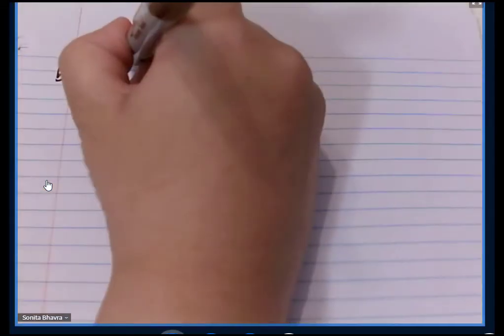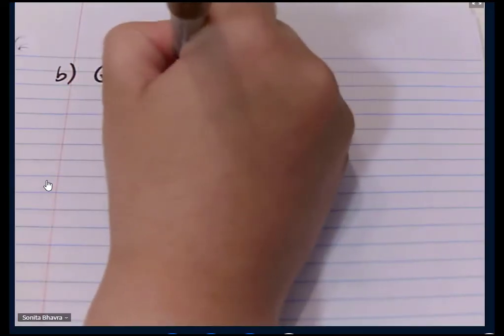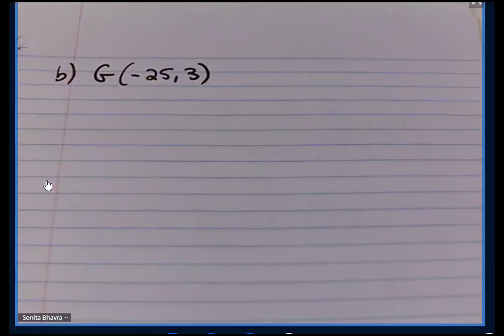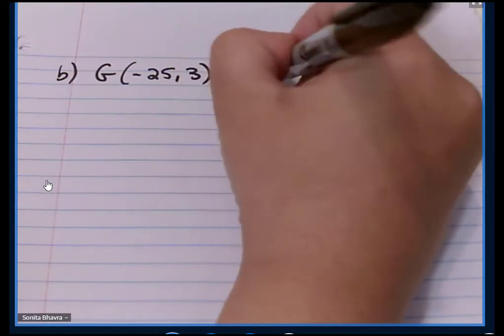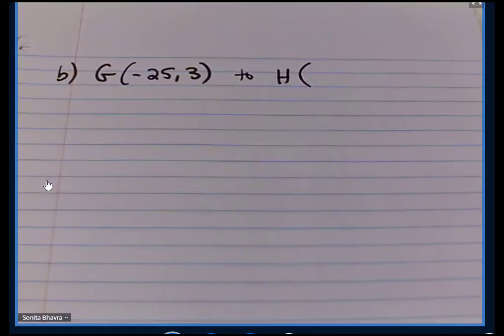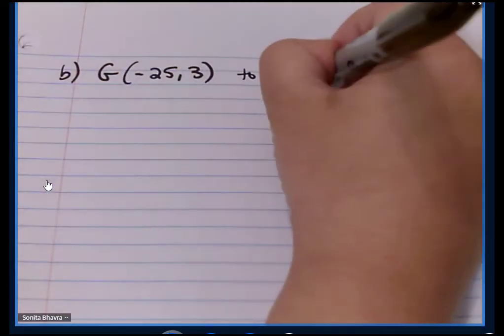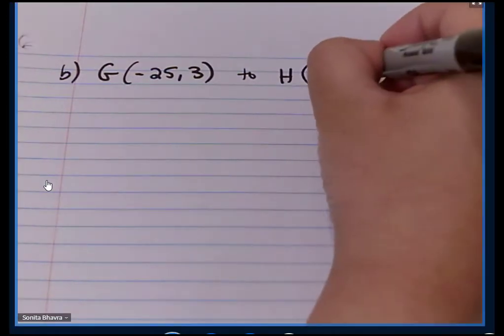All right, let's take a look at another example. We need to find the exact length of the following line segment. So we have G at (-25, 3), and we have it going to H, which is (-17, -5).